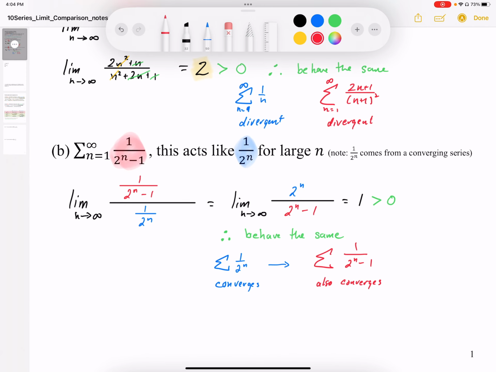So we have now established formally, using the limit comparison test, that 1 over 2 to the power n minus 1 is a converging series. Again, this is the first formal test that we're going to do, and we need to set it up a little more formally so we can come up with these conclusions.